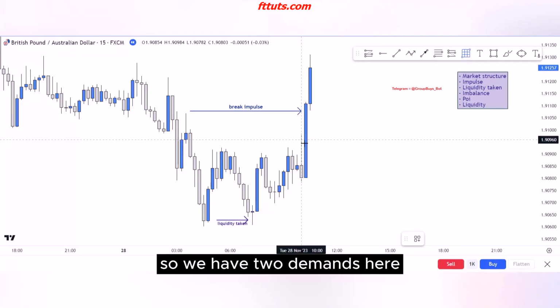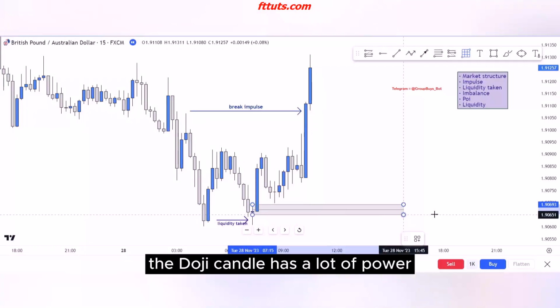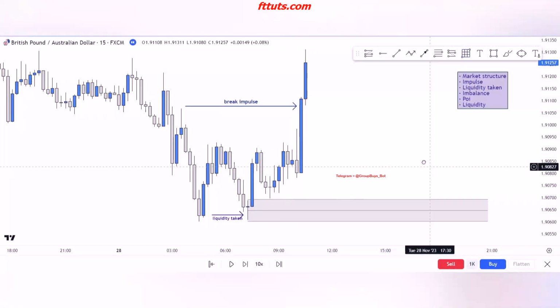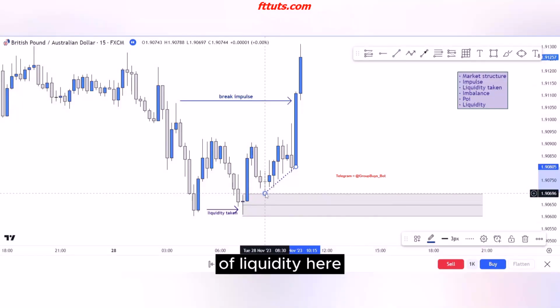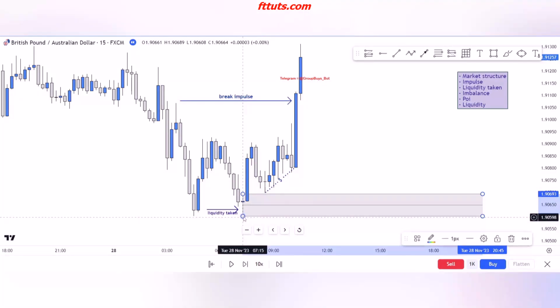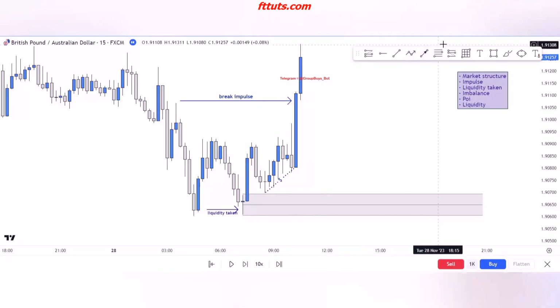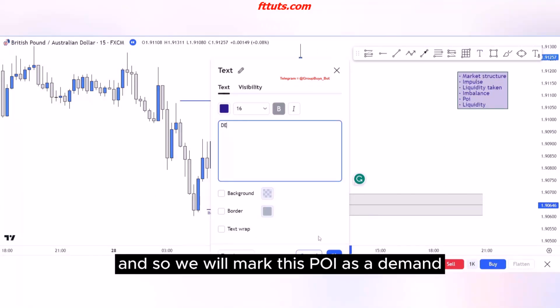So we have two demands here, but the correct demand we will choose is the lower one because we know that the doji candle has a lot of power, and since there is a very clear trend line of liquidity here. And so we will mark this POI as a demand.